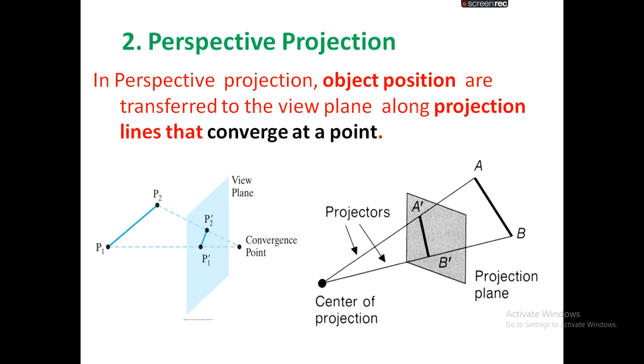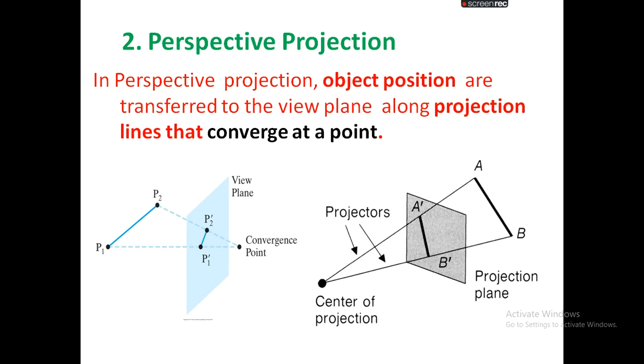Then we'll move to the second type of projection, called perspective projection. In perspective projection, the object description, or the position of the object in space, is transferred to the view plane along projection lines that converge at a point.